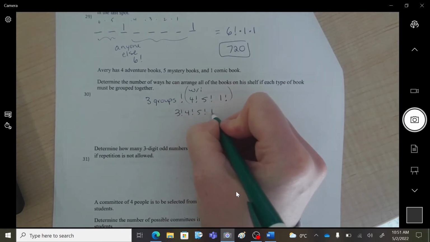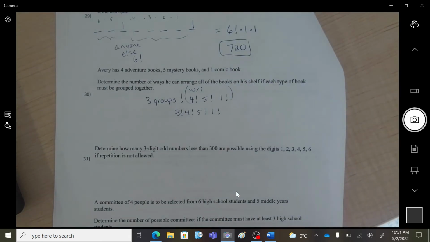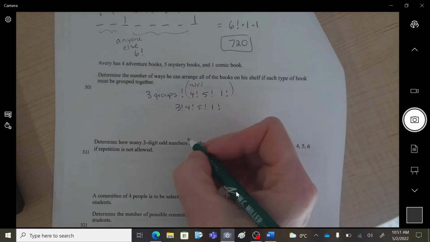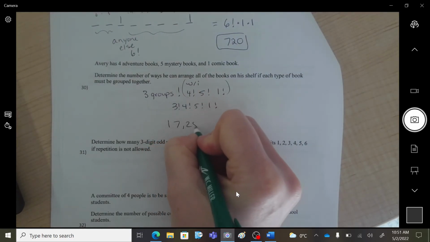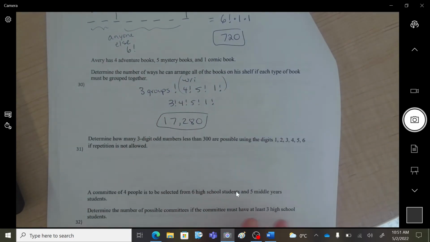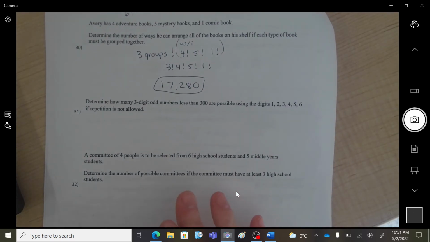So if we do all the groups times the within groups, okay, that answer will come out to be that.